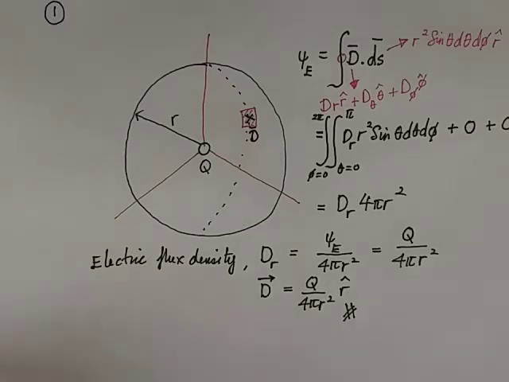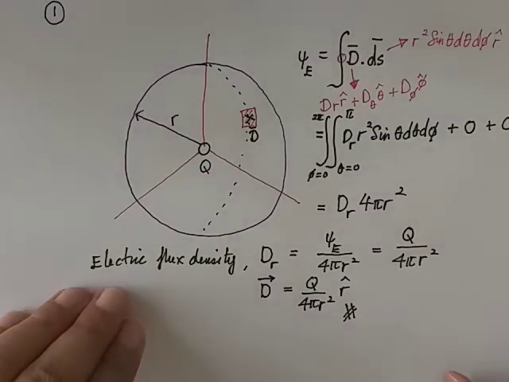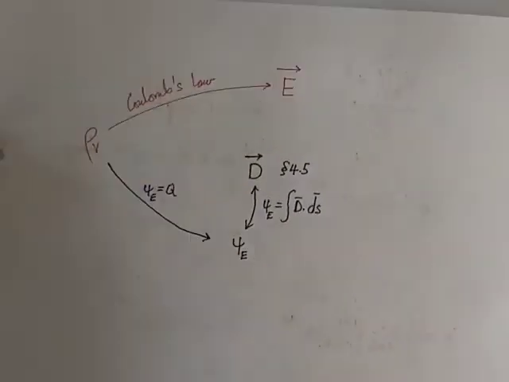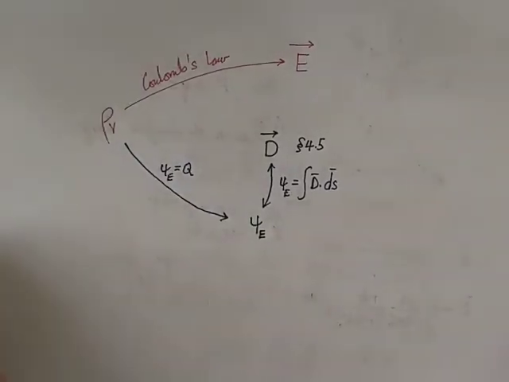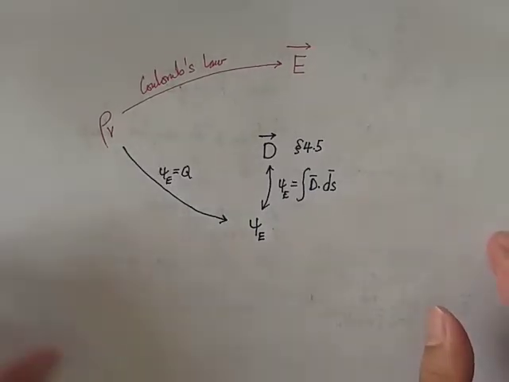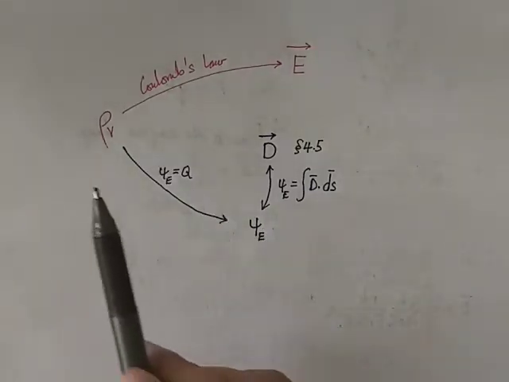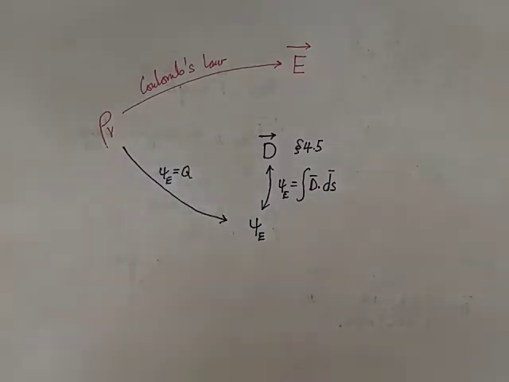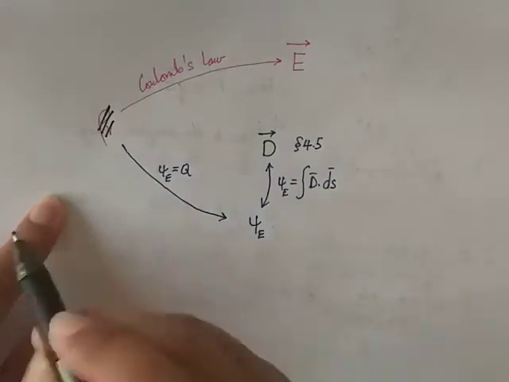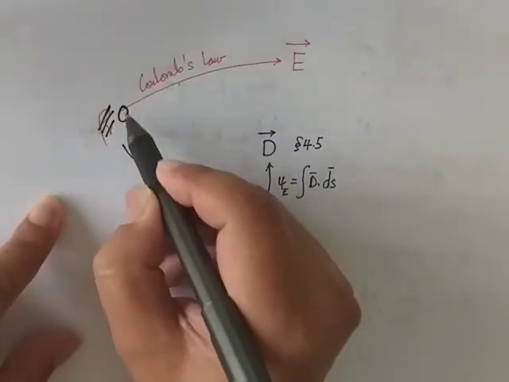Okay, so that's the simple way to find the electric flux density. Now let's go back to our previous model. Using this argument again, let's change our earlier example into Q, to make it related to what we discussed just now, a point charge.